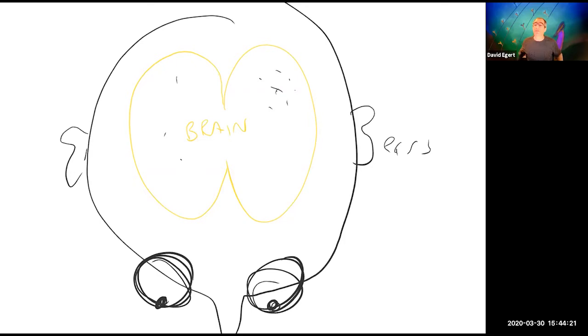With your eyeballs, it's a little different. The way your brain and your visual cortex is connected to your eyes is not about side of the body. It's about side of your visual field. So, for instance, things that are on this side of the body are going to be going to this side of the retina.